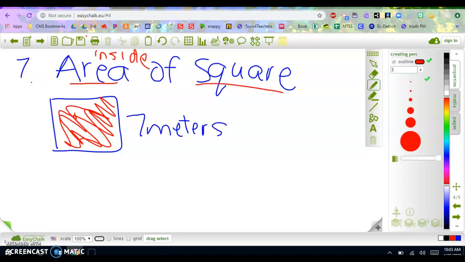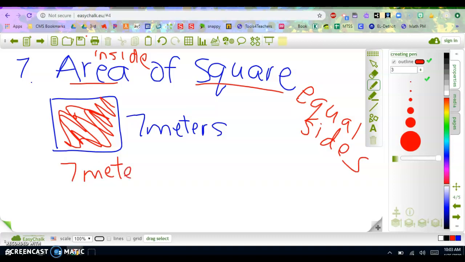Well, what do I know about a square? It has these 4 sides, but it's something special about those sides. Those 4 sides are equal sides. So if they told me that the right side is 7 meters, it also means that this bottom side is 7 meters.